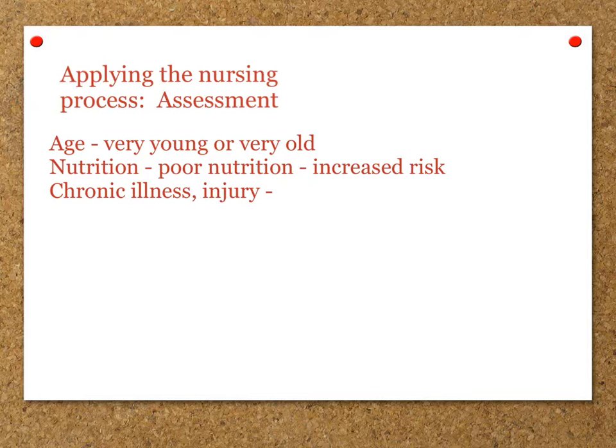We can look at alcohol and substance abuse, including smoking, and depending on the agent that the person is using, whatever their drug of choice is, it has different effects. Alcohol obviously can lead to decreased nutrition status.